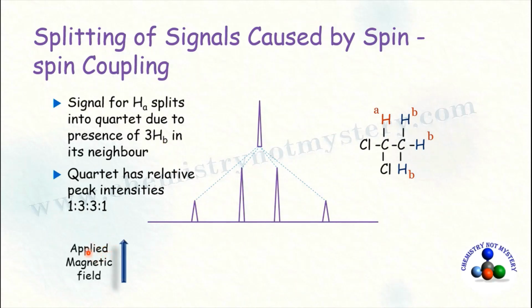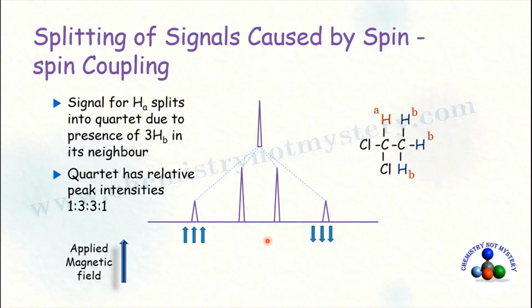For example, if this is the direction of the applied magnetic field, and the magnetic field of all B set of protons lines up with the applied magnetic field, in that condition proton A will give a signal at higher delta value. In another condition, when the magnetic field of all B set of protons lines up against the applied magnetic field, proton A will give a signal at lower delta value.